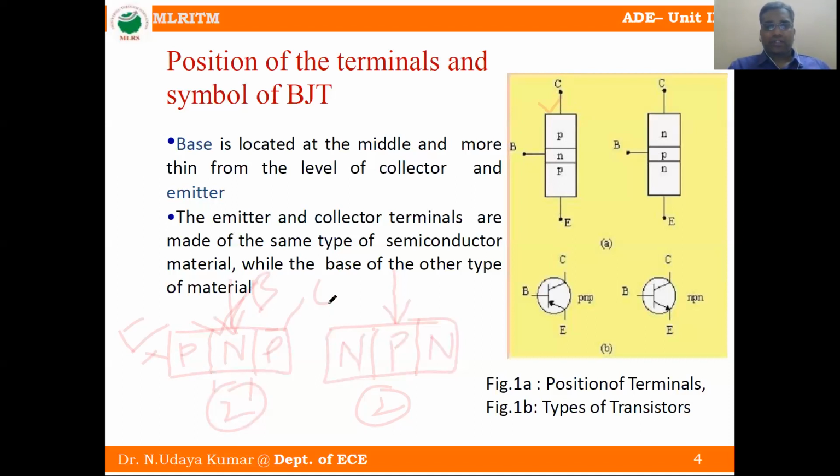Similarly here also, this one is emitter, this one is base, this one is collector. So it is a three-terminal device.